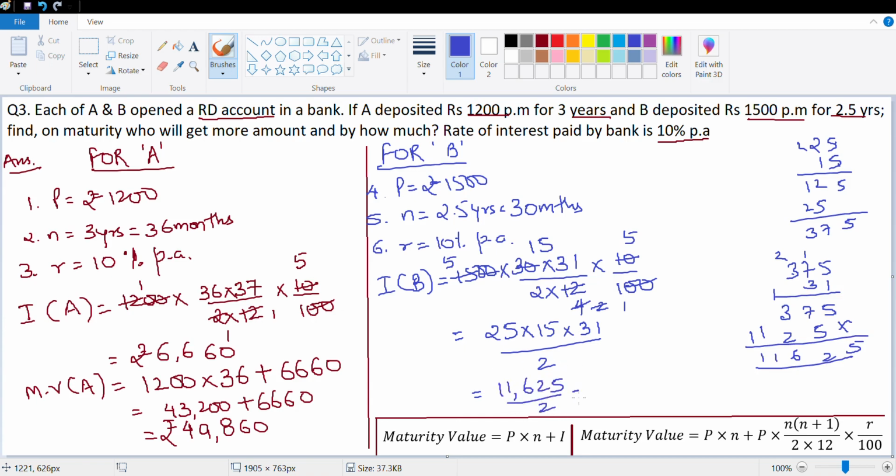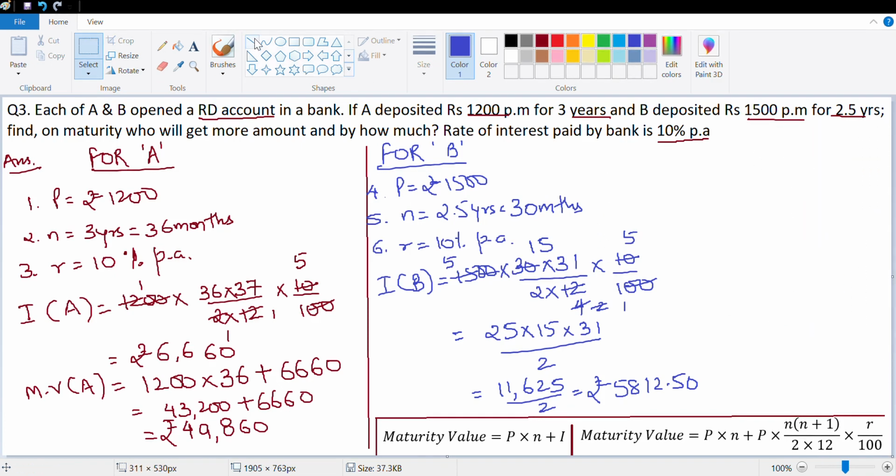11,625 divided by 2, which would be equal to rupees 5,812.50. Correct. Please note that since this is money, I have to write my answer up to 2 decimal places. If you just leave it at 5812.50 incorrectly, you would end up losing a mark unnecessarily. So the interest for B is this much.